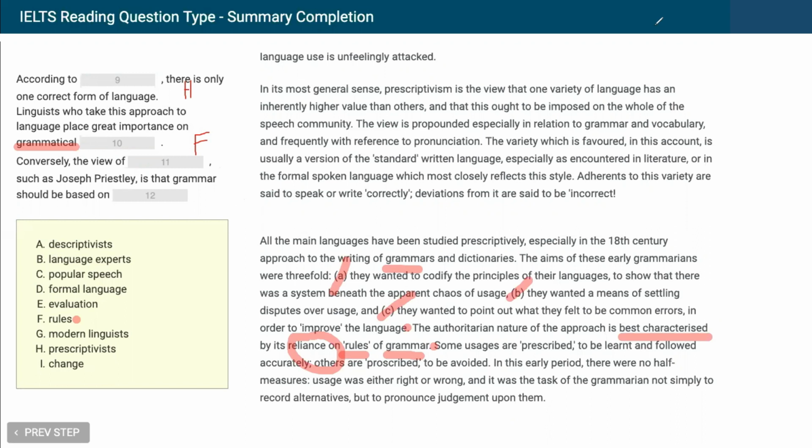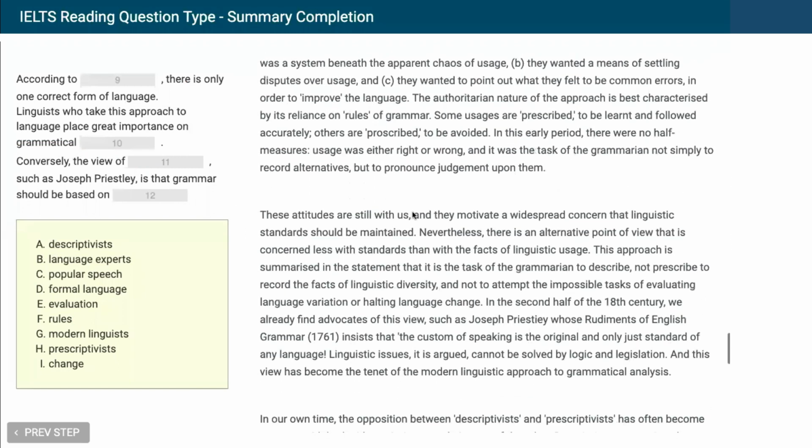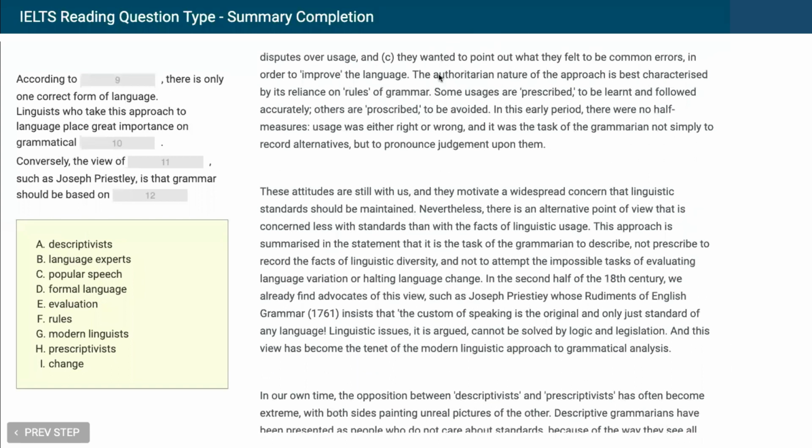Let's go and visit our friend Joseph Priestley. We found him in the 5th paragraph right around here. I will highlight him so you can find him. And let's just be reminded of 11 and 12. It says, the view of blank, such as Joseph Priestley, is that grammar should be based on blank.